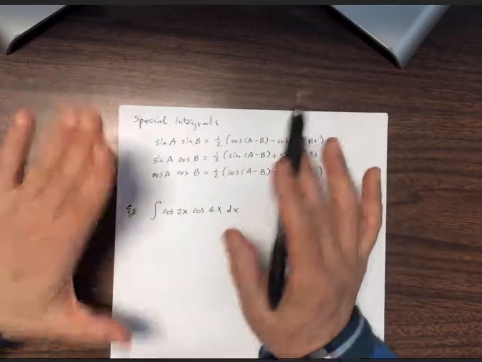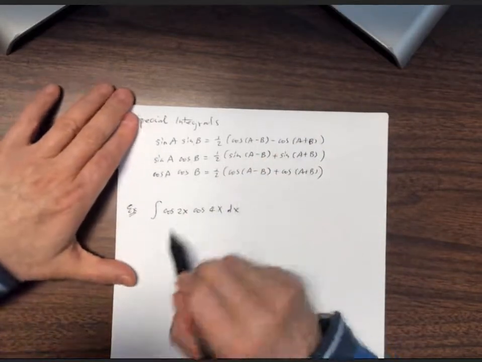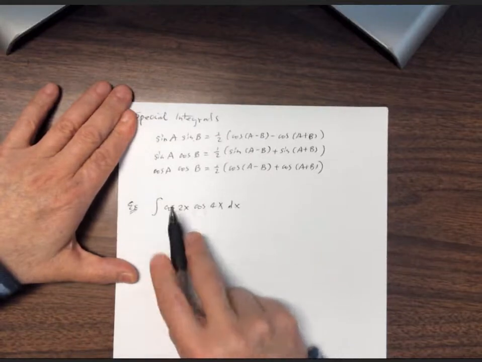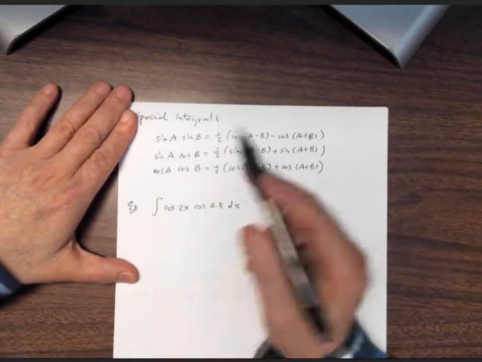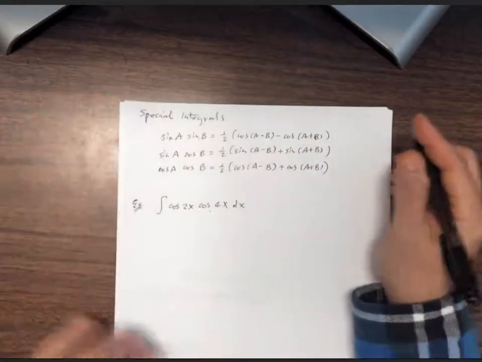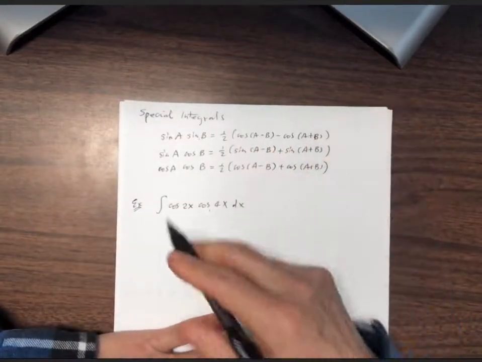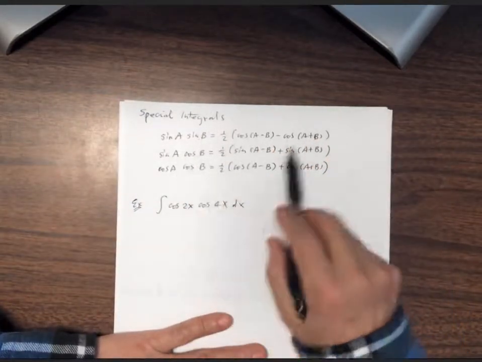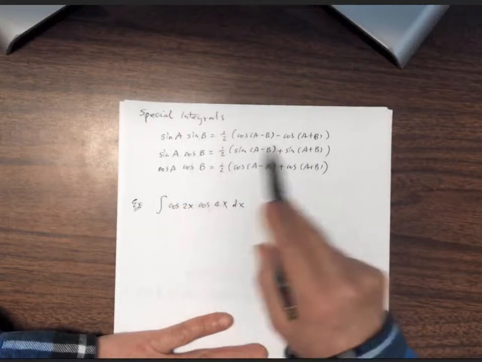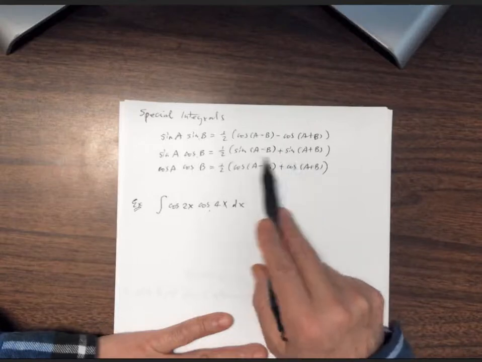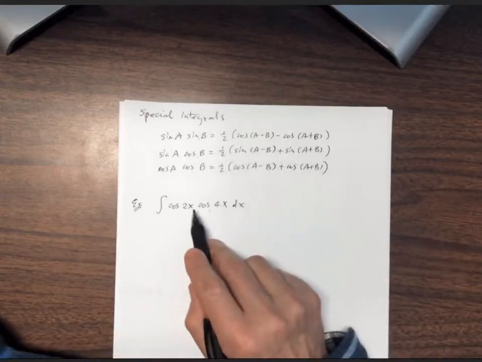Well, got to be between sine and cosine. Okay, cosine times cosine, or sine times sine, sine times cosine. Okay, so it's actually pretty simple. We just have to turn, using the appropriate identity, the product into separate trigs, then integrate. Let's see through this example.